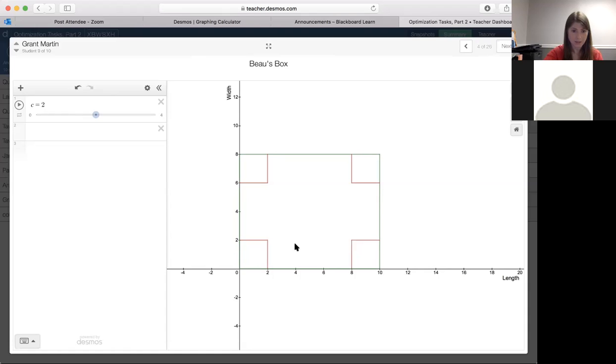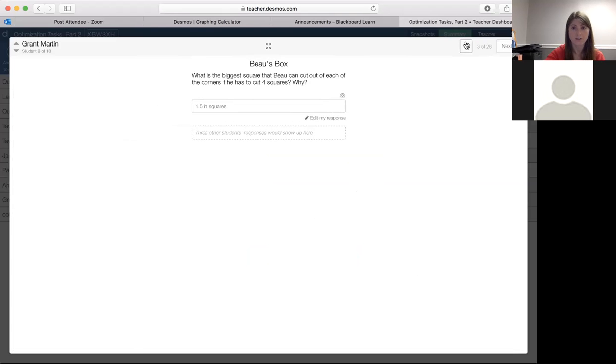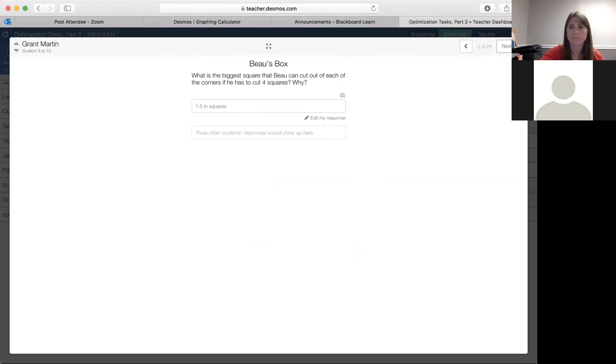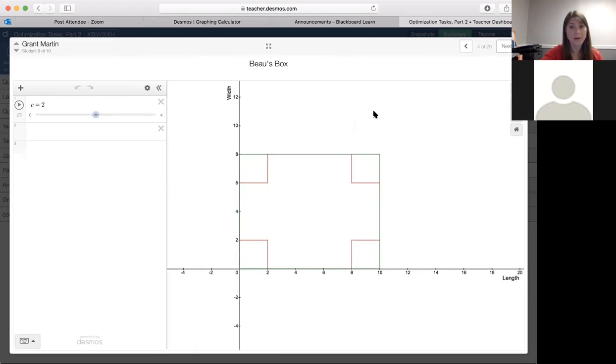Now, in this case, we want to think about any other constraints. In other words, when we make our cut, we were starting with a piece of metal that was 8 inches by 10 inches. Kind of doing that the wrong way, but 10 by 8. So when we think about how we're coming up with the remaining pieces, think about it like a formula. This horizontal part is 10.